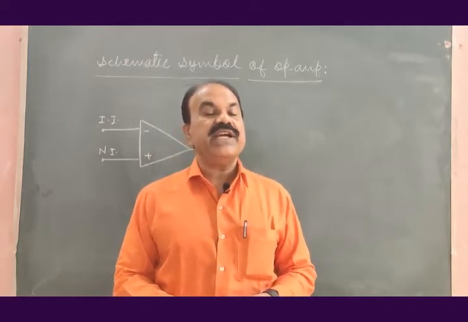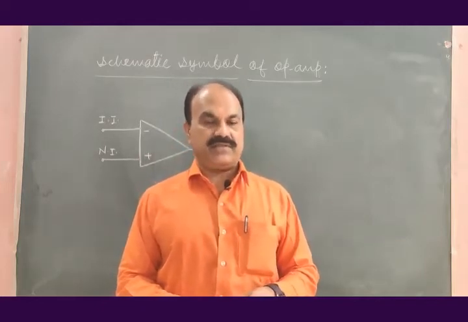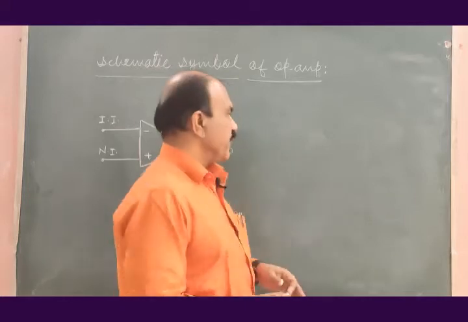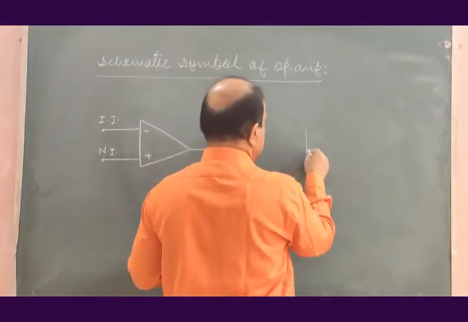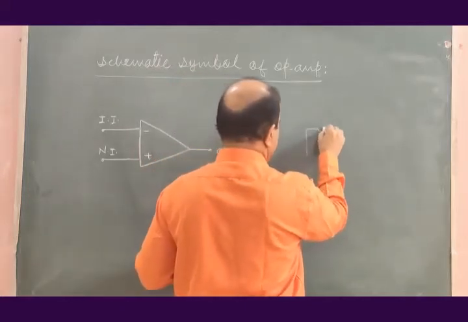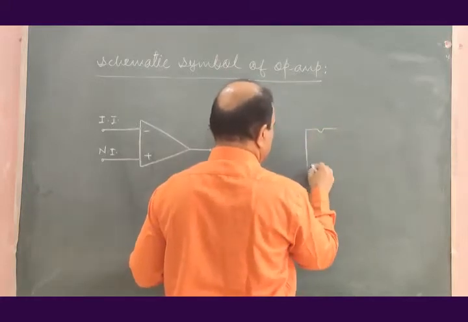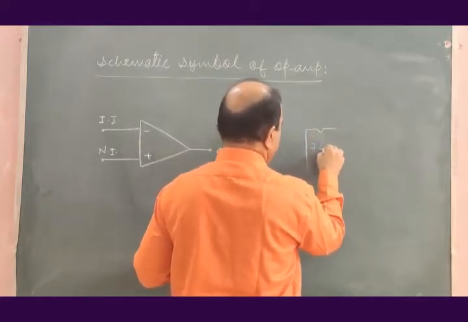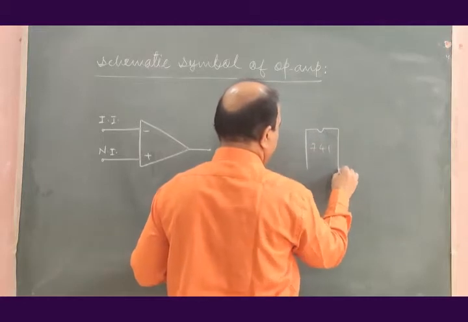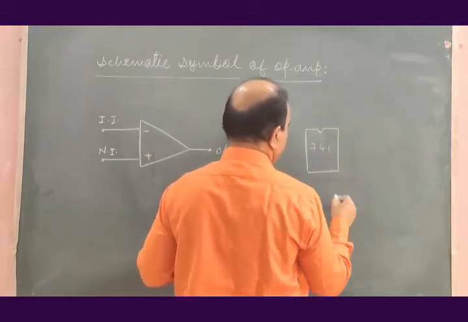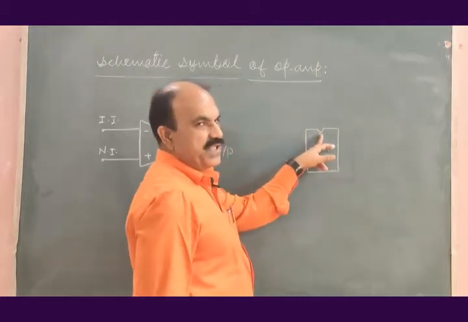It has 8 terminals. Okay, if this is the IC chip for 741, this is a DIP.